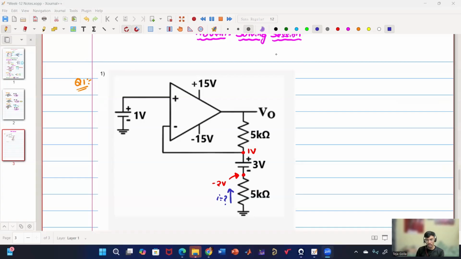Ohm's law. So what is the voltage across 5 kilo ohm? Minus 2 volt. Okay. So 0 minus minus 2 volt is the voltage difference across the resistor, which is equal to current into resistance, right? Agree?